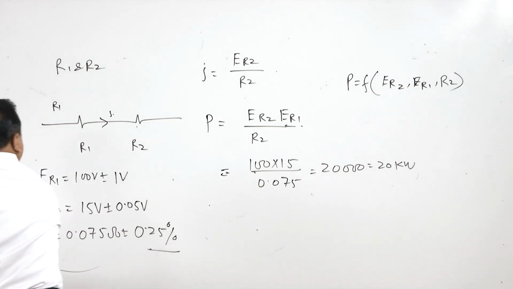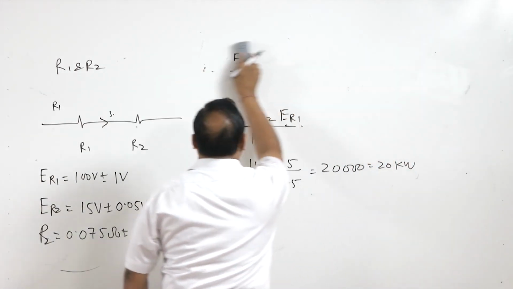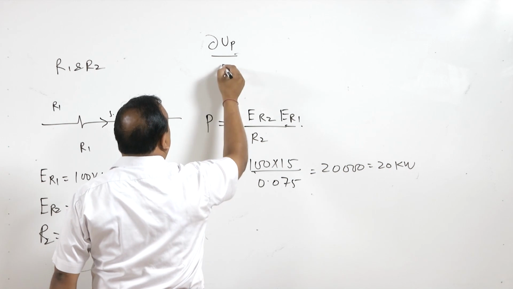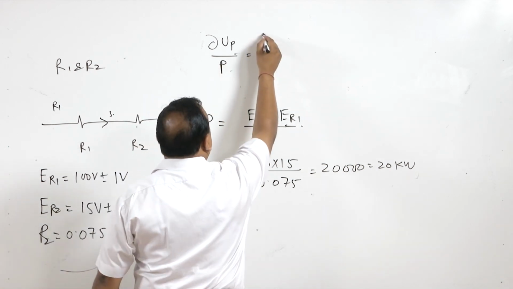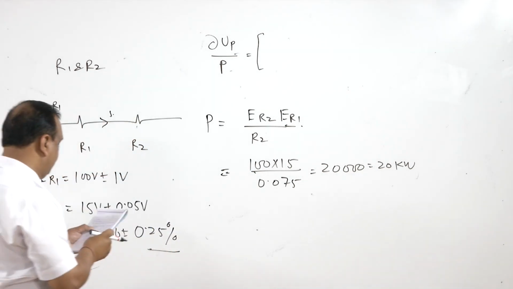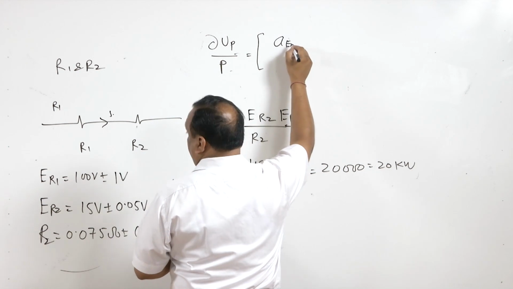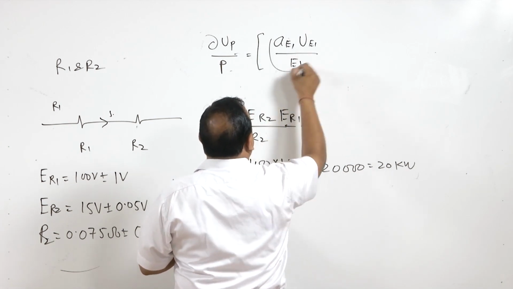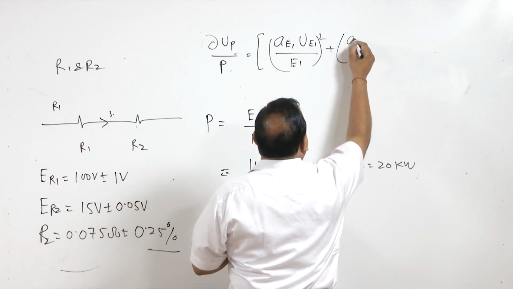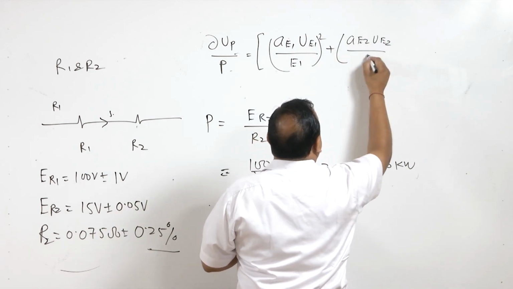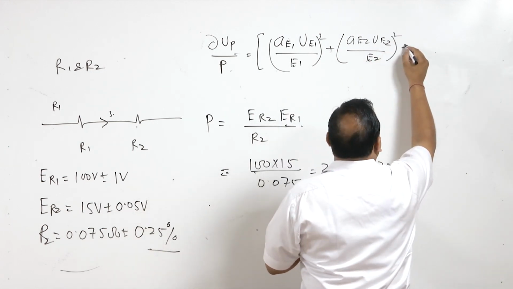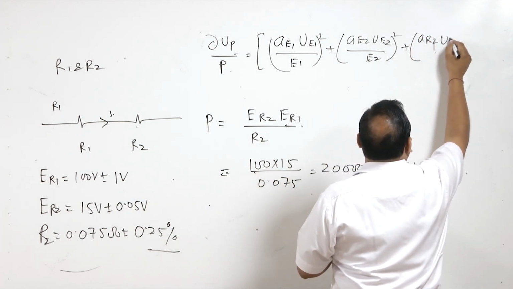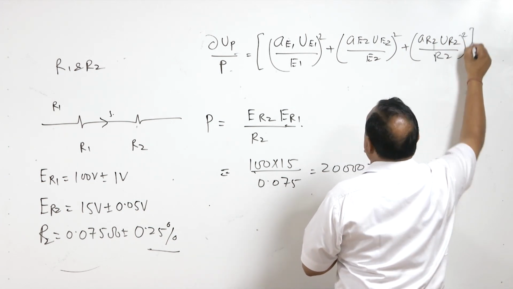So uncertainty shall be calculated as uncertainty in power divided by power is equal to A E1, uncertainty in measurement of E1 divided by E1 whole square, plus A E2, uncertainty in E2 divided by E2 whole square, plus A R2, uncertainty in R2 divided by R2 whole square raised to power 1 by 2.